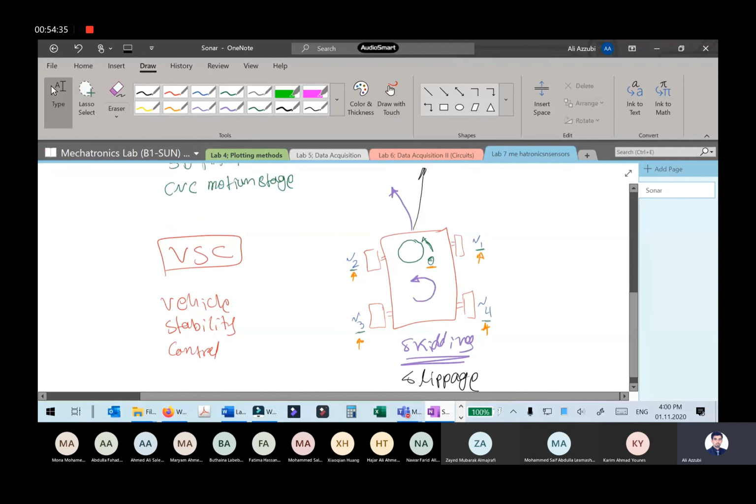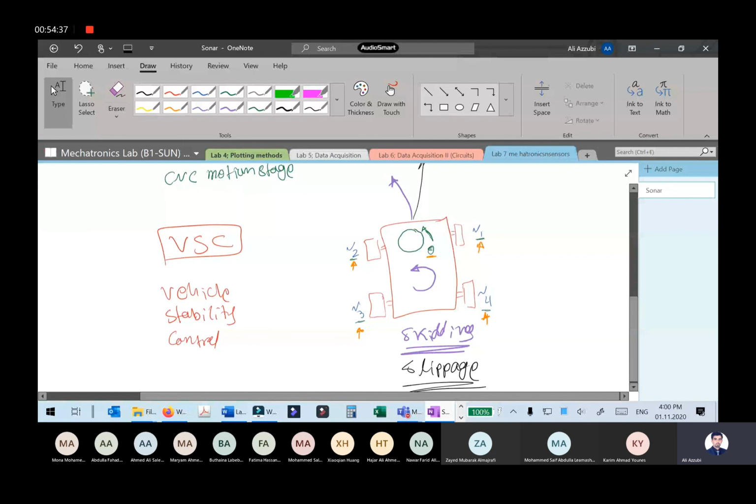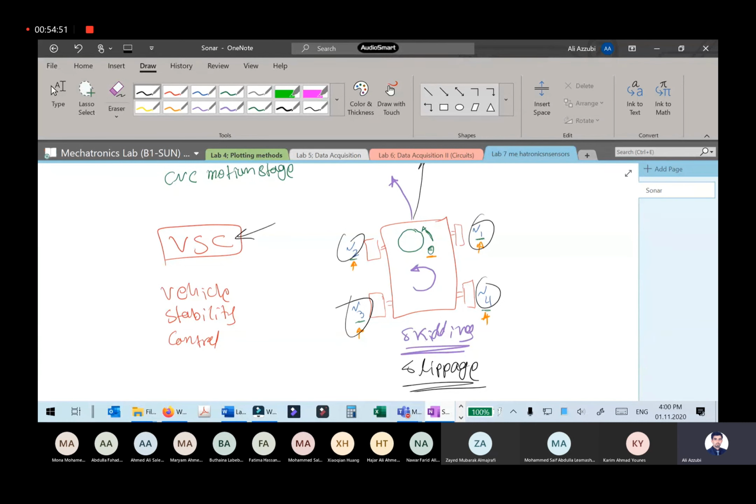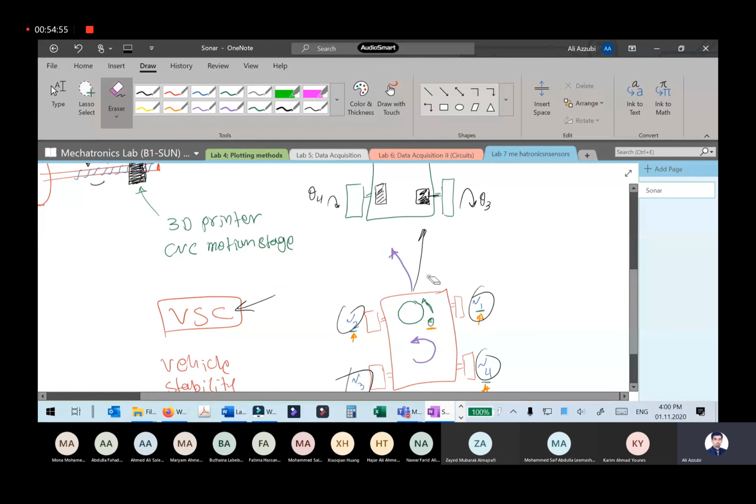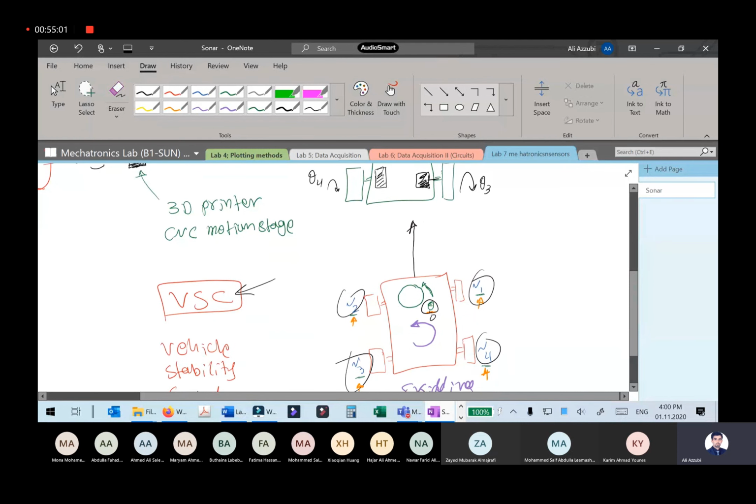There's a computer or dedicated system for this VSC system inside the car. It has 4 encoders. On each wheel you have an encoder, and the computer measures speed from the encoder. If for example you steer the car forward like this, you know theta is 0, so you steer the car forward.